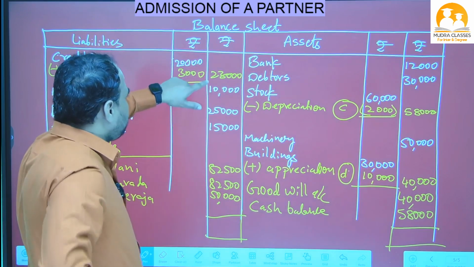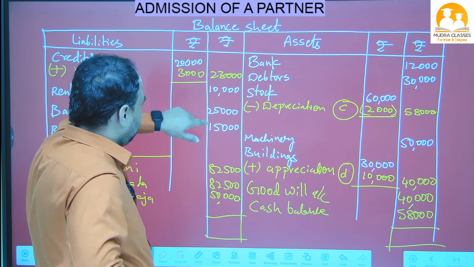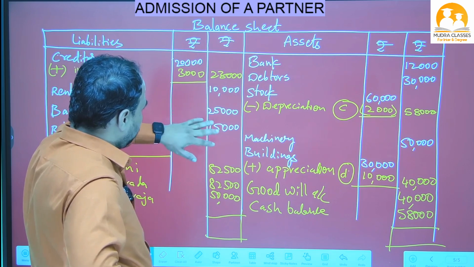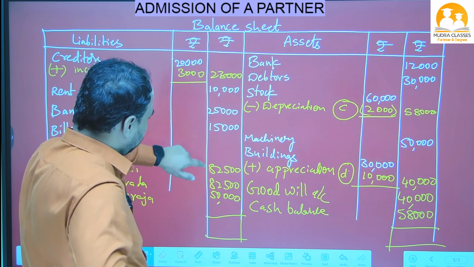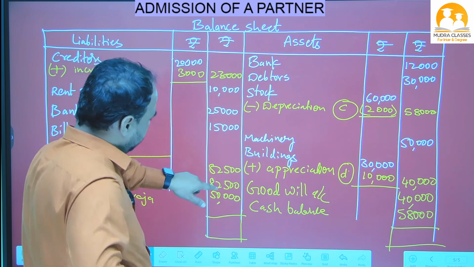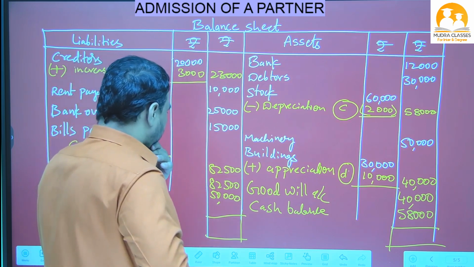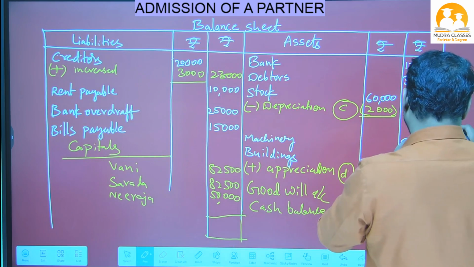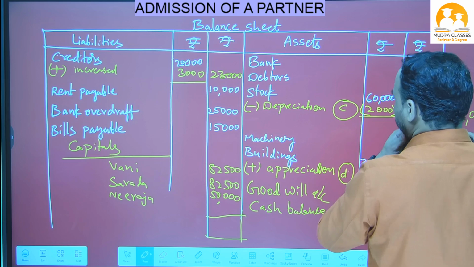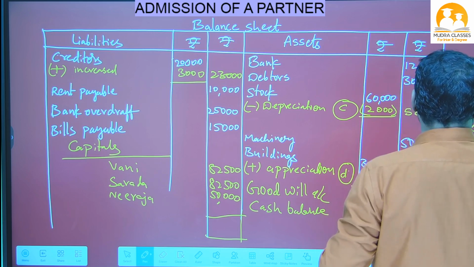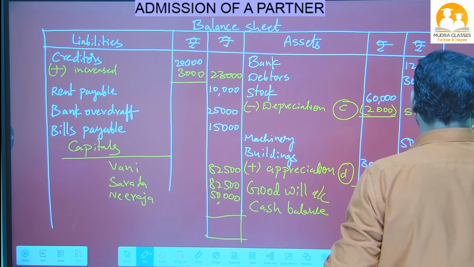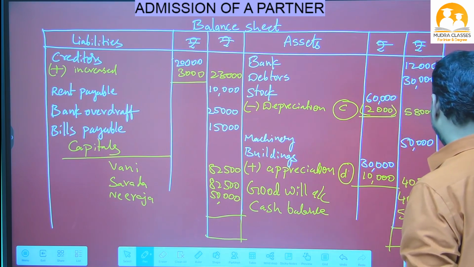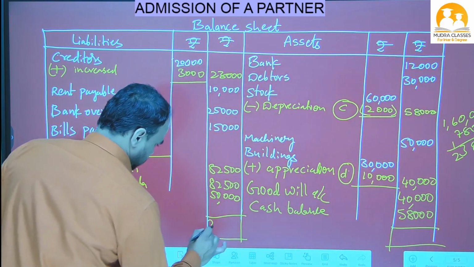What is the total? 10 plus 23, 33, 40, 73, 73 plus 5, 78, 78 plus 1,60,000 plus 78,000, so 2,38,000. 2,38,000 plus 50,000 is 2,88,000.